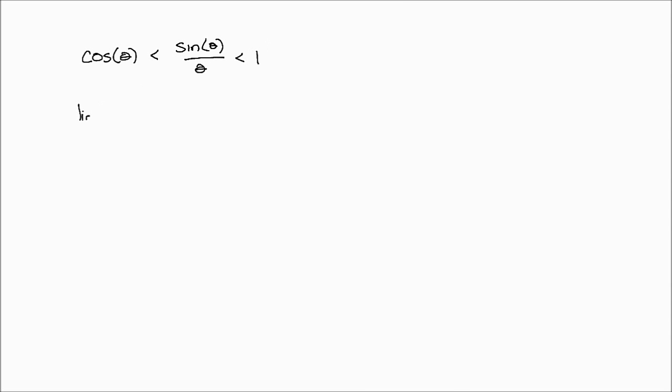Well, the limit as theta approaches 0 of the cosine of theta is going to be 1. In other words, as theta approaches 0, cosine of 0 is just 1, so okay. And another thing to note is that the limit as theta approaches 0 of the right-hand side of this triple-sided inequality, 1, is just going to be 1 because it doesn't rely upon theta.